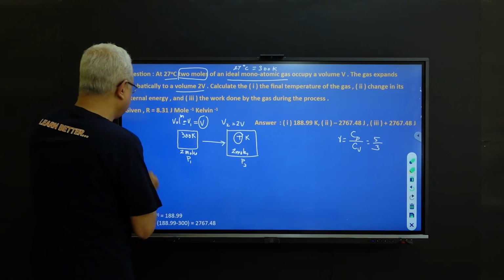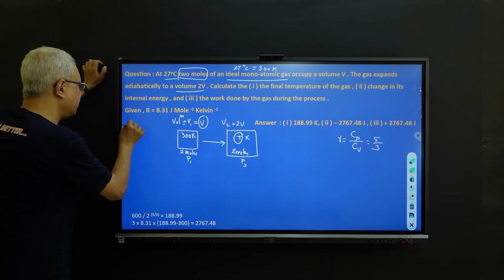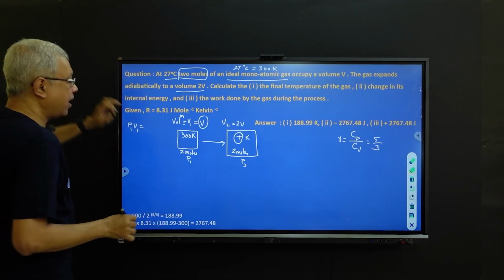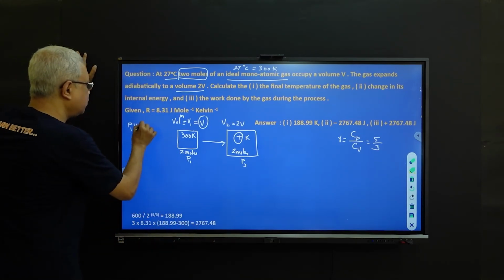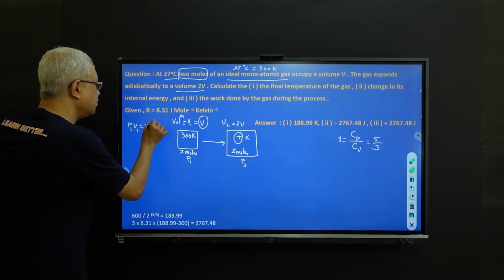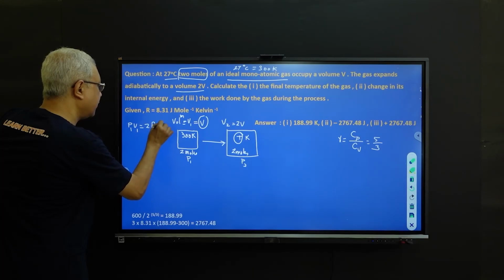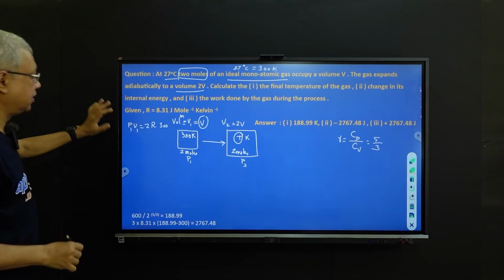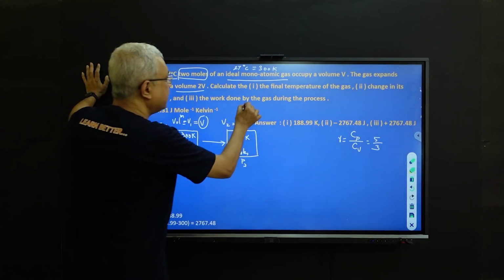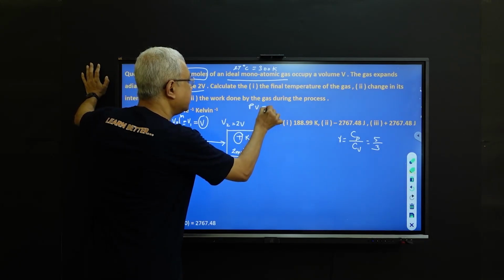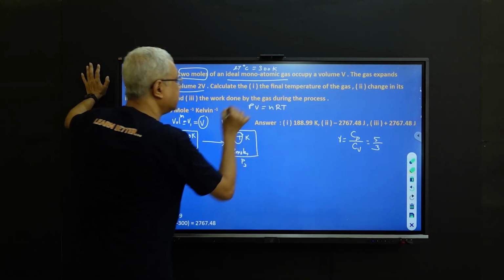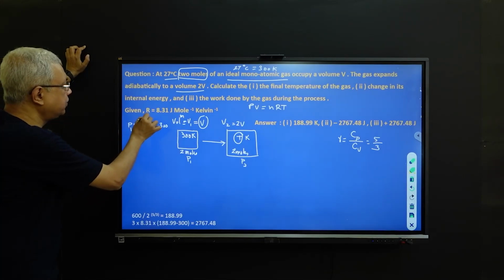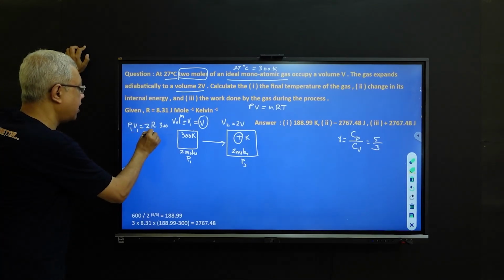So I can write P1 V1 equal to 2 moles of gas, equal to 2R into 300. PV equal to nRT; remember, PV equal to nRT is the ideal gas equation. So P1 V1 equal to 2RT, which is 600 R.